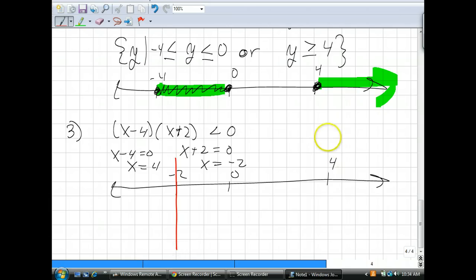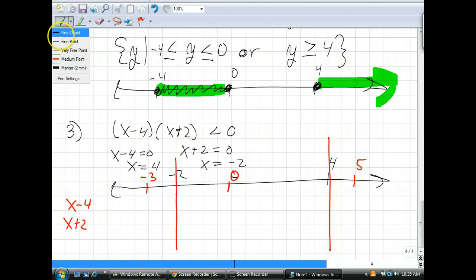So they divide the number line into 3 sections. And now remember that what I do is I pick a number from each one of those sections. So I'm going to pick negative 3 from this one, 0 from this one because that's a really easy one to use, and 5 from that one. Then you take all the factors, which in this case are x minus 4 and x plus 2, and you test to see what happens.